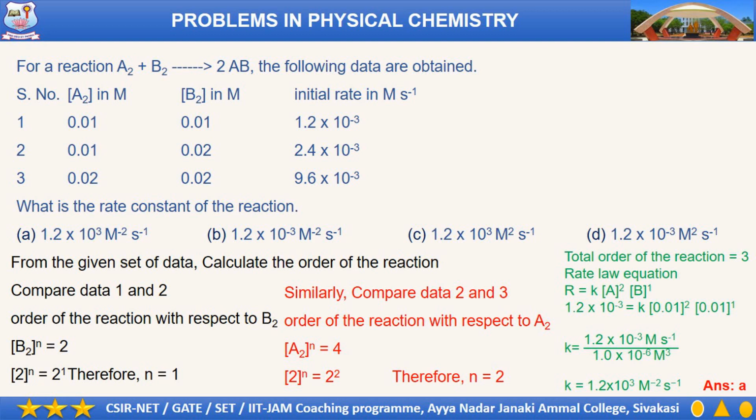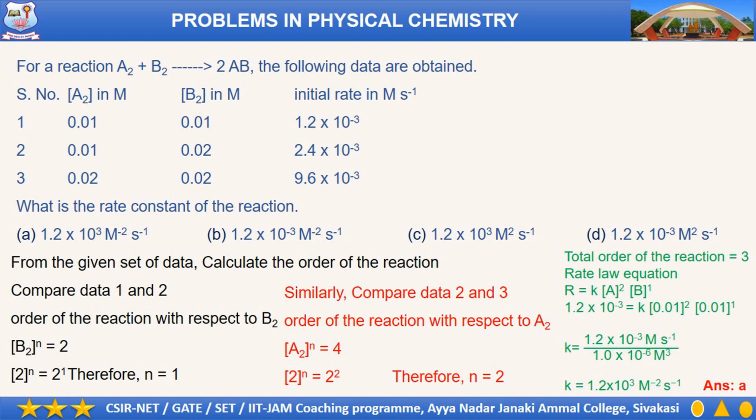You can take any one of the data, apply this, and you will get the K. Simplest form is the first one. The rate is 1.2 into 10 power minus 3 equal to K into the concentration of A, 0.01 square, into the concentration of B, 0.01.